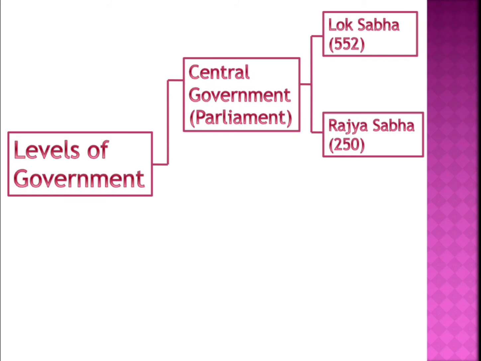And the party which got the highest vote forms the government. After all the different parties have been voted, the party which got the most votes will be forming the government. And the leader of the party becomes the prime minister. And the president is the first citizen of our country.